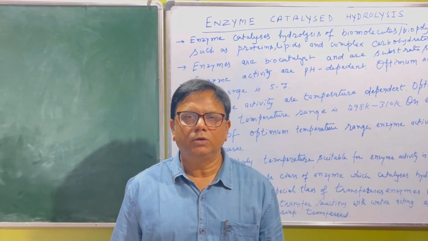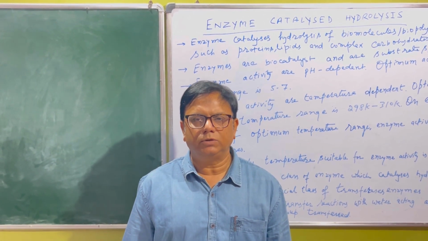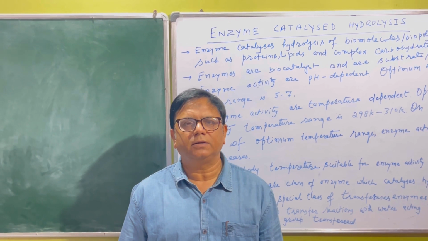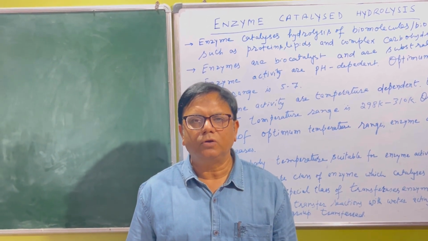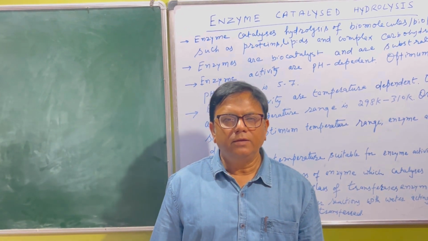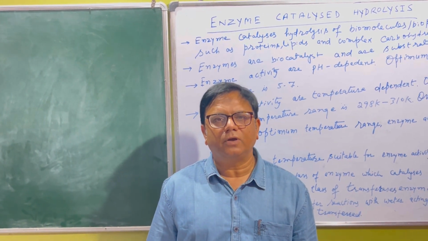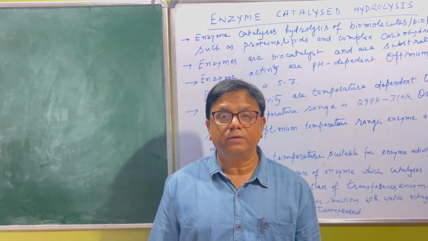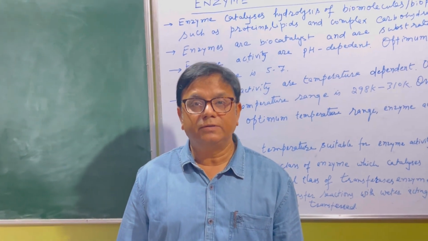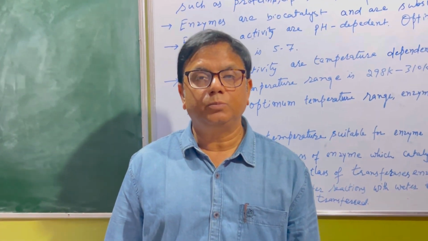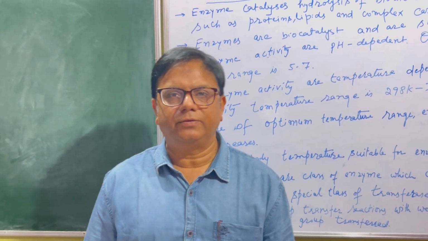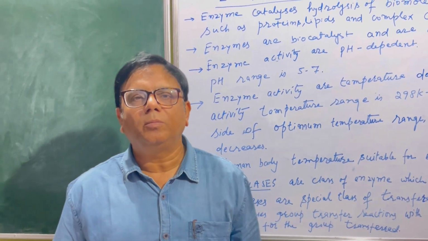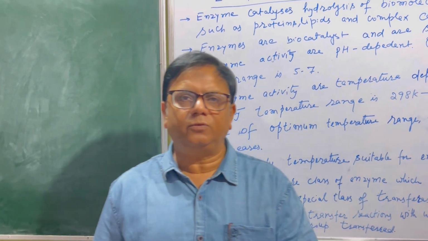In this video, we will talk about enzyme catalyzed hydrolysis in our series of videos on hydrolysis. Enzymes catalyze hydrolysis of biomolecules, or you can say biopolymers, such as lipids, proteins, and more complex carbohydrates. Enzymes are also called biocatalysts, and they are substrate specific.